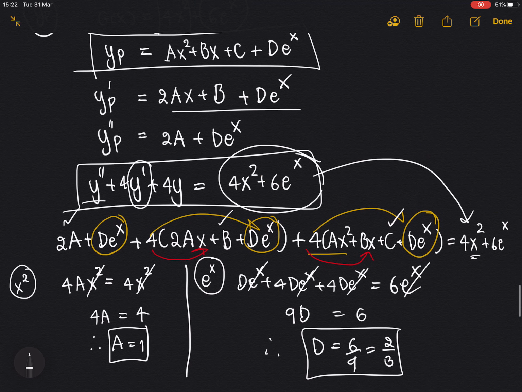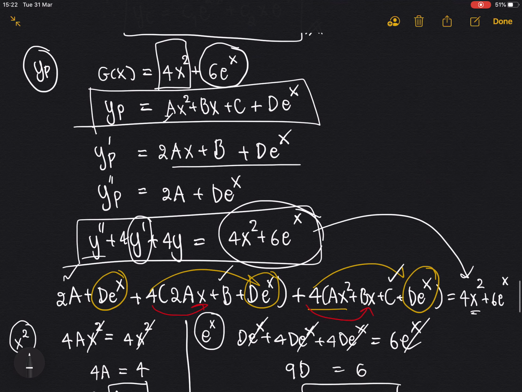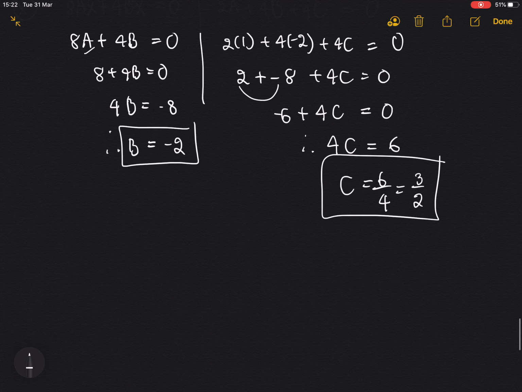And then next step, you will have to substitute these values of a, b, c, and d back into the function of yp. Okay. So remember that our solution to the second order equation is y equivalent to the combination of the yp plus the yc, the complementary solution.